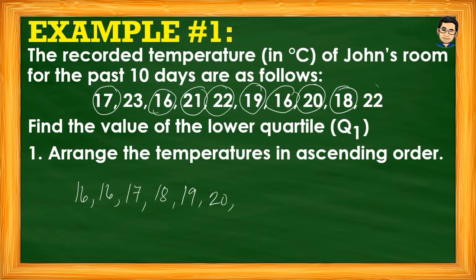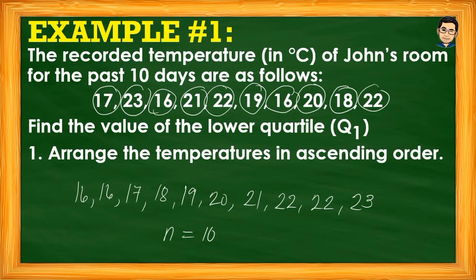And then, dalawang 22. Tsaka isang 23. So, isang 21, dalawang 22, at isang 23. What is N? N is 10. Why 10? Because past 10 days. So, yan po yung mga temperature ng room ni John for the past 10 days. That is why N is equal to 10.